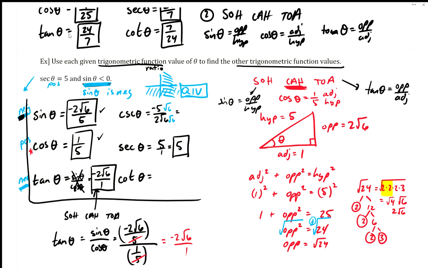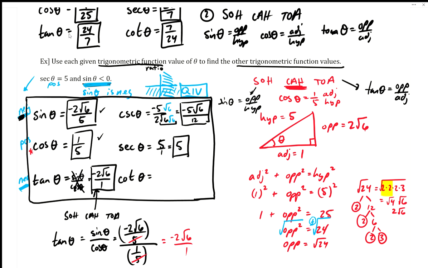We'll come back. When we rationalize it, we have negative 5 radical 6 over, this is 2 times 6, so that would be just 12. These two became just 6. 6 times 2 is 12. Okay, now that should be enough space.